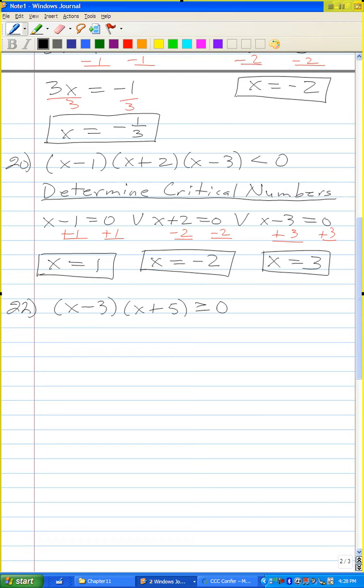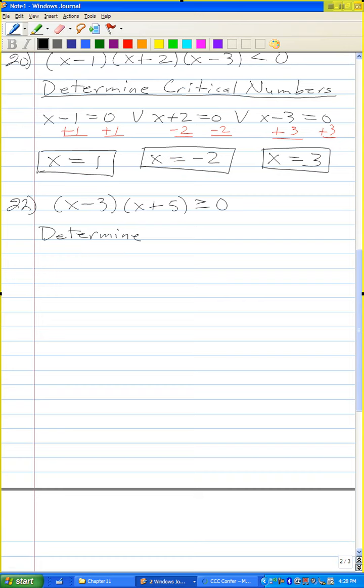In the subintervals determined by the critical numbers, the left-hand side of the inequality will not change sign. And so let's determine critical numbers. From there we could determine the solution to the inequality.